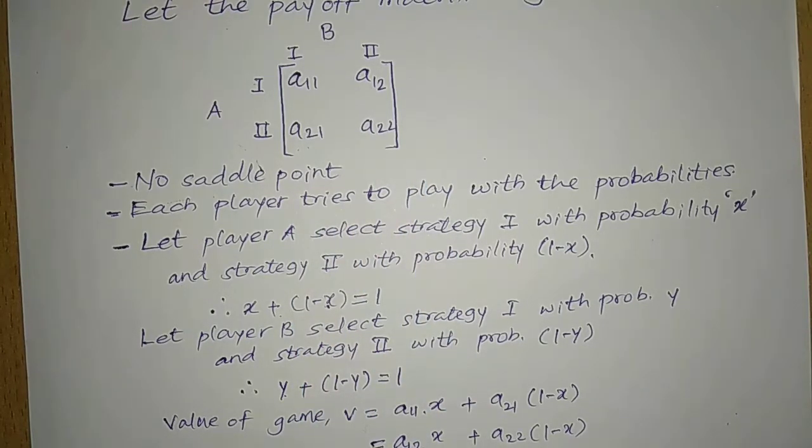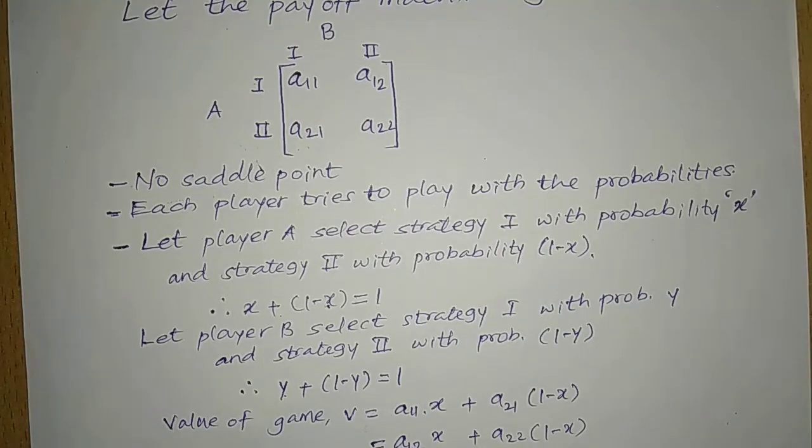Similarly, if player A uses strategy 1 throughout, then the value of game will be a11 into y plus a12 into 1 minus y.